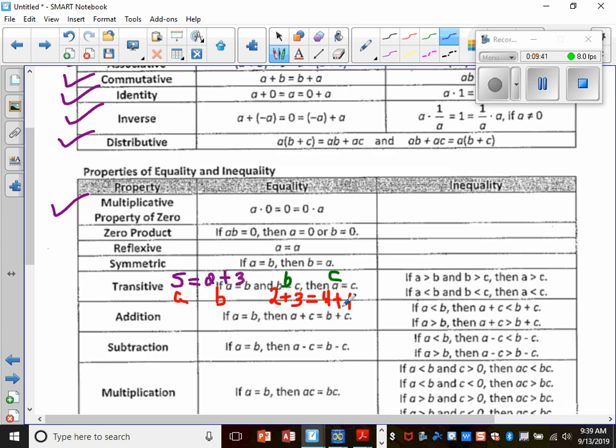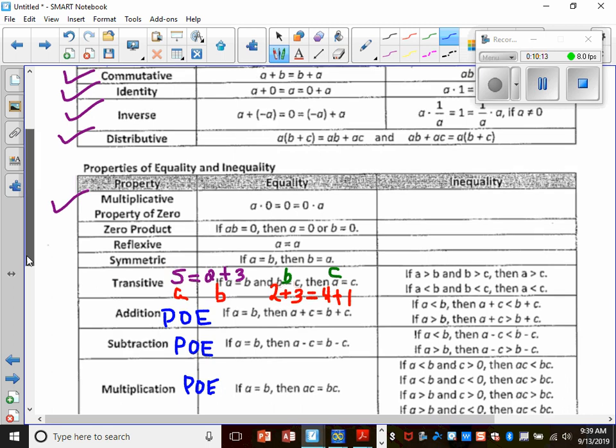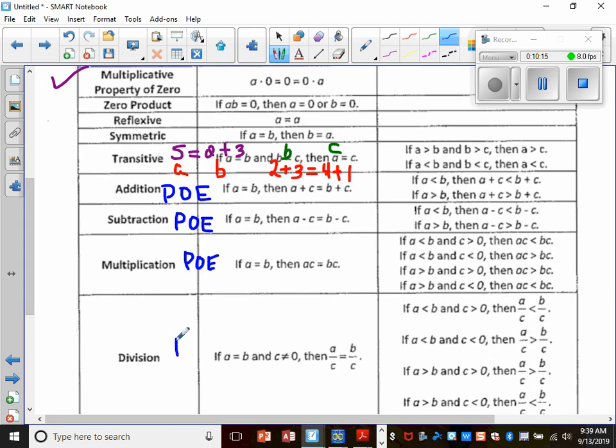All right, next thing is called the addition property of equality. Since that's a long name, I want you to abbreviate that P-O-E. By each one of these, you should write P-O-E, and then down here, and all the way to the division.